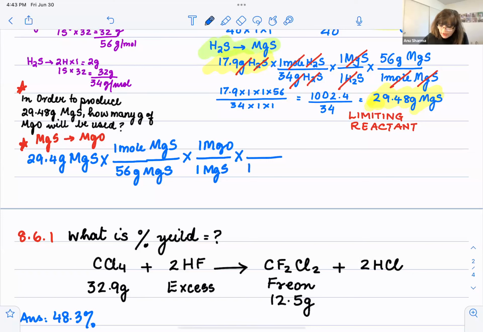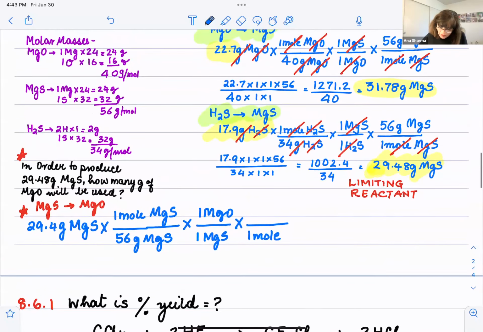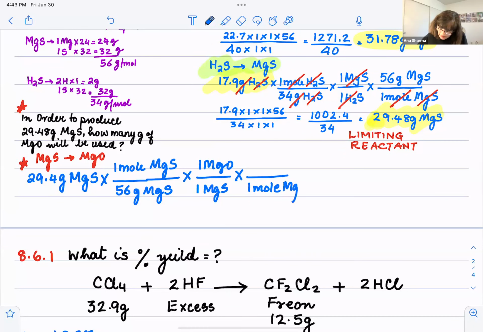Next, you can actually leave things only at the molar level, just moles and moles if you're comparing mole to mole, but I like to do it in grams. So 1 mole of magnesium oxide is 40 grams of magnesium oxide. Here you will see that the grams of magnesium sulfide cancel out, the moles of magnesium sulfide cancel out, and the moles of magnesium oxide cancel out.